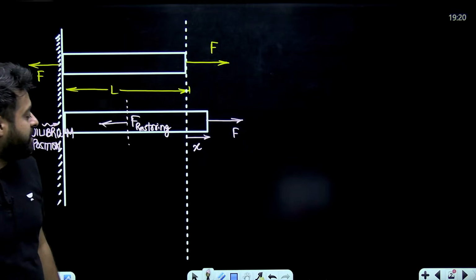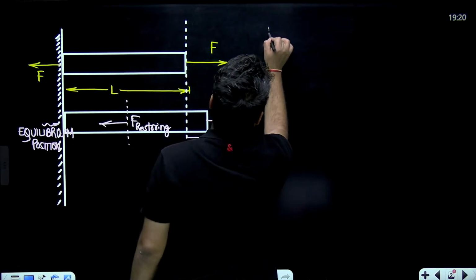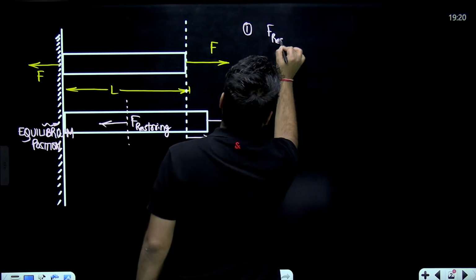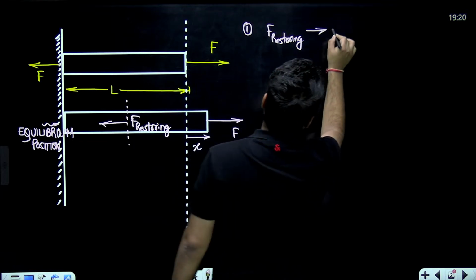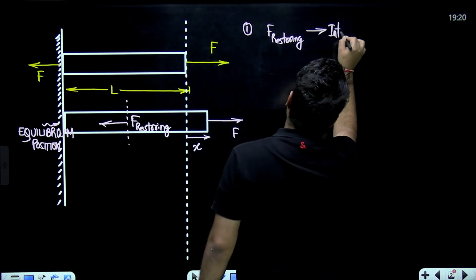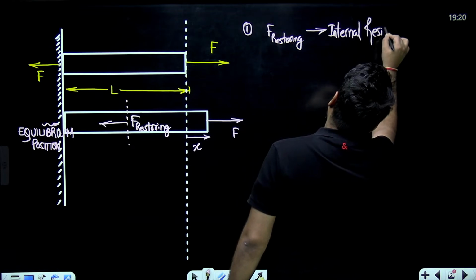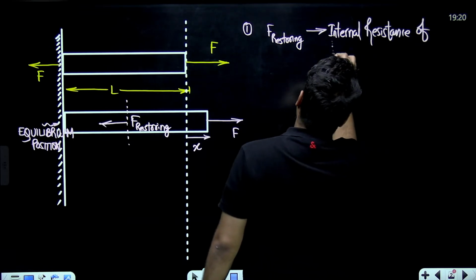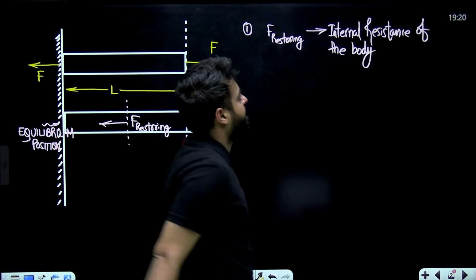So can you tell me the difference between the restoring force and F? Sir, the restoring force is basically the internal resistance of the body, and that body can be anything.